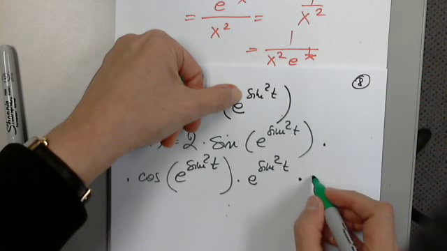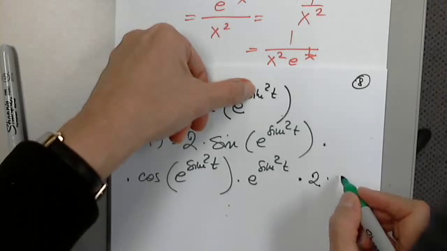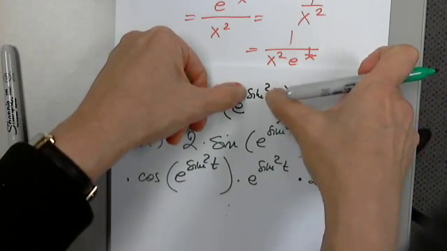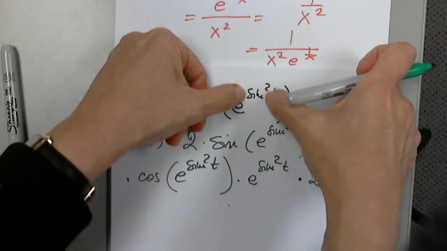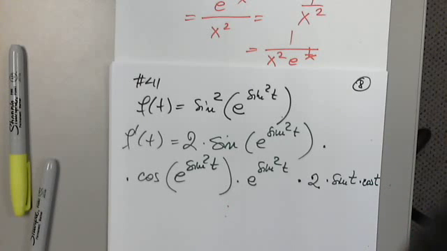Multiplied by, I have to bring the power in front. I have to subtract 1 from the power. And now I have to differentiate the inner function, multiplied by cosine t. Not a trivial problem.